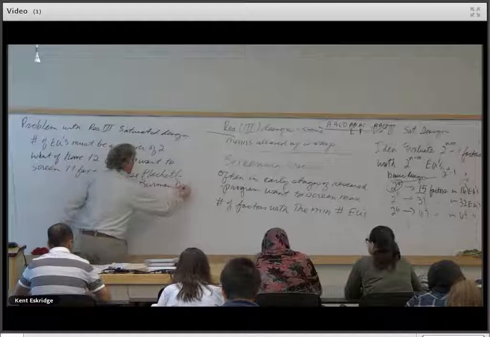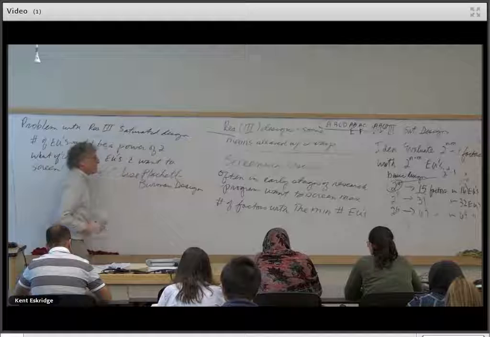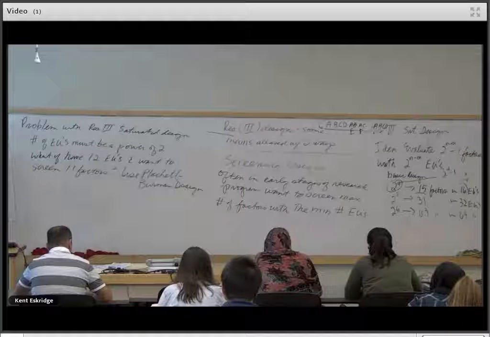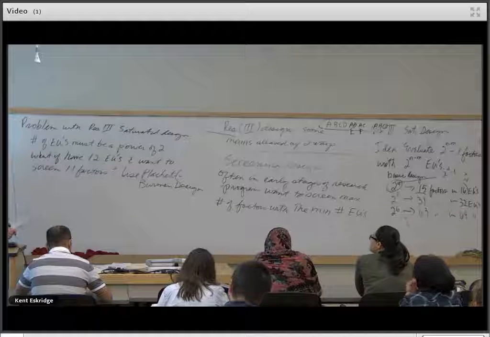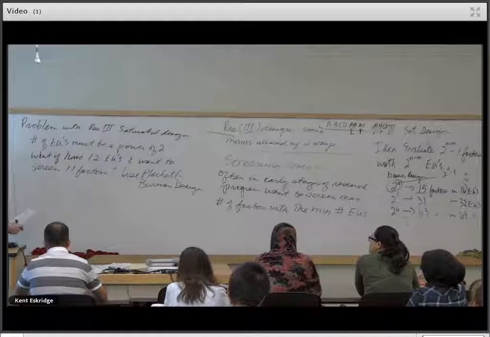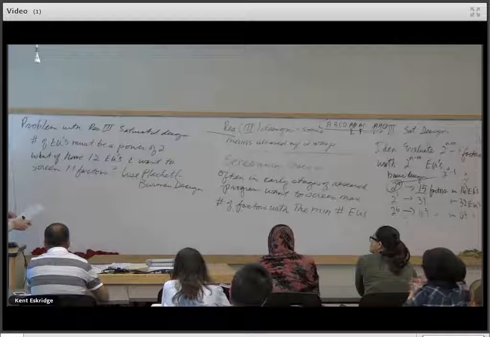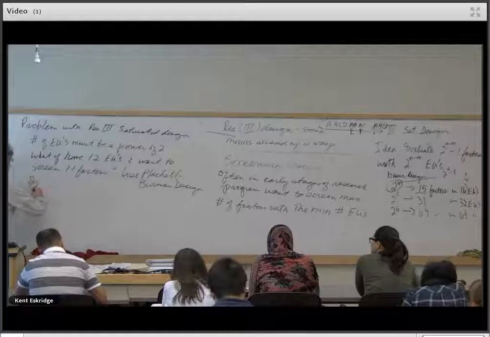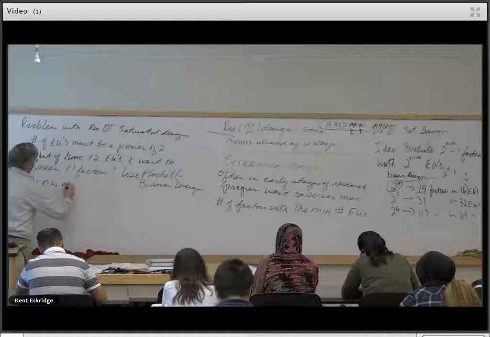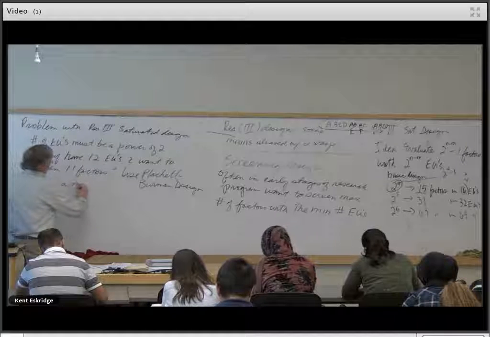In the advanced design class, we actually derive Plackett-Burnham designs using Galois fields. It's pretty nice. You need to know a little bit about algebra. Plackett-Burnham designs, let's call them PBD, let you screen if n is a multiple of 4.